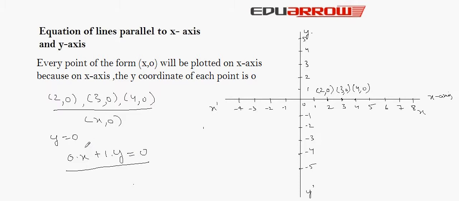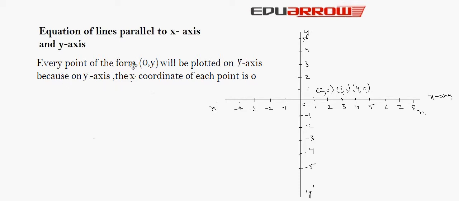For example, for x is equal to 2, y will be 0 always. That is y is equal to 0. So the equation of the x-axis is y is equal to 0.